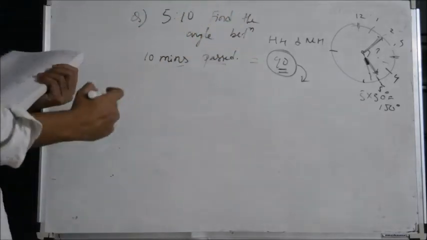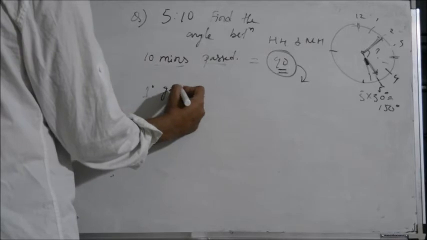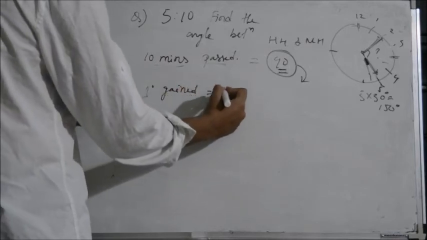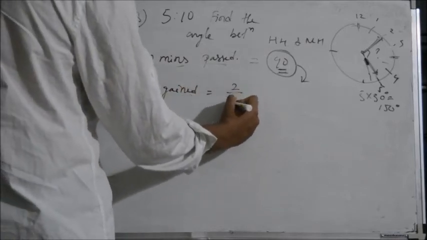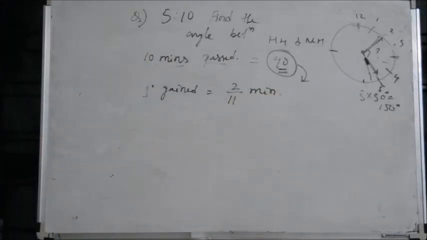Now, we have got the relation: 1 degree gain in 2 by 11 minutes. We got this relation just a little bit before.